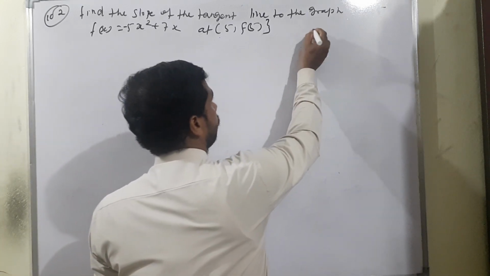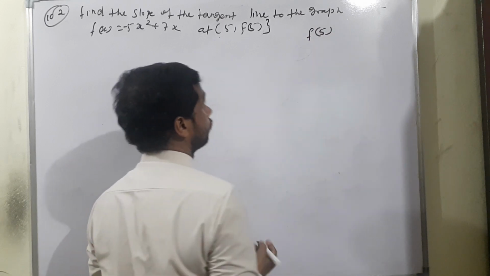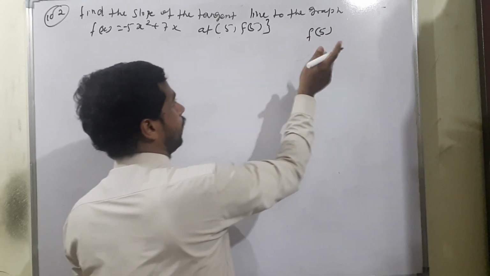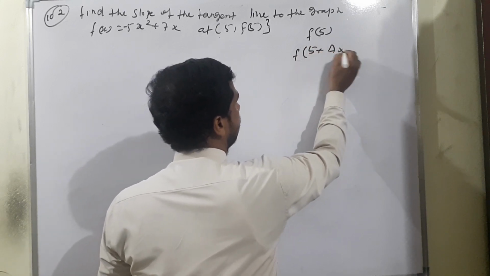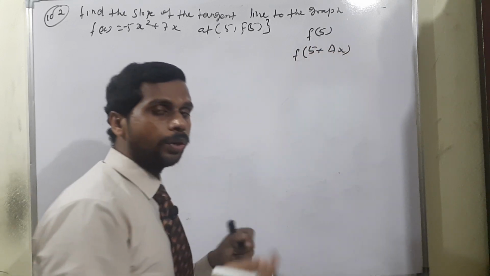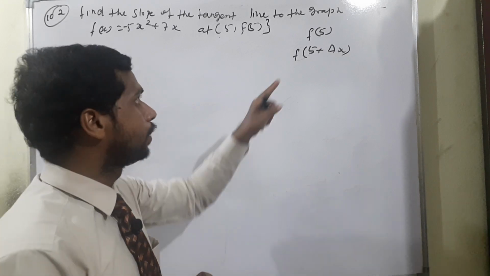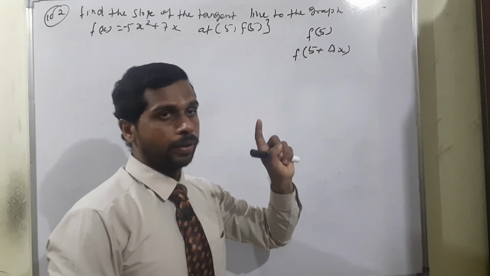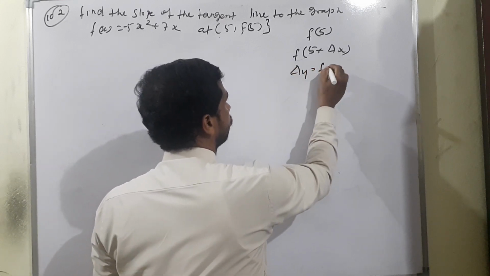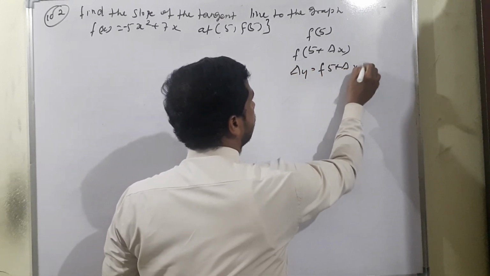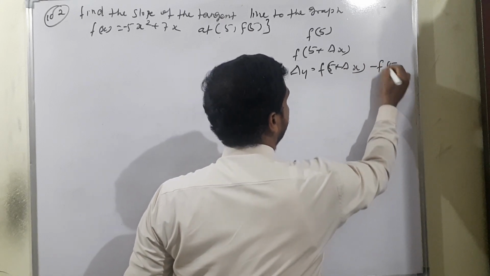Listen, first we have to find f of 5, because the coordinate point 5 is there. Next, just add some value: f of 5 plus del x. Then we take the difference between f of 5 plus del x and f of 5, that is called del y. So del y is equal to f of 5 plus del x minus f of 5.